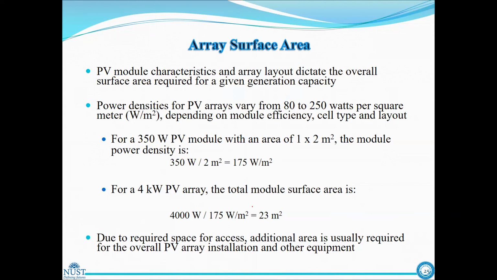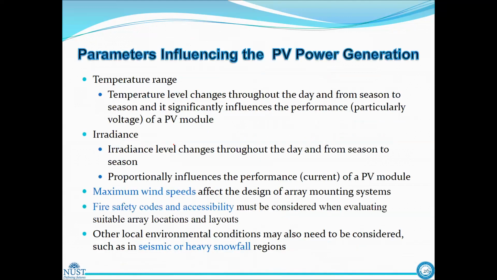If we first calculate the area required for the total capacity of the array, for example, if it is 4 kilowatt, then we need 23 square meters to install 350 watt photovoltaic modules.